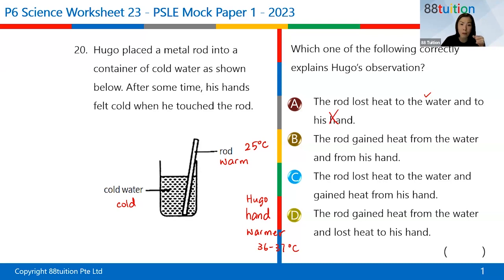Those who got it wrong, write it down. Heat should be moving from his hand to the water or even to the rod. So the rod lost heat to the water, and gained heat from his hand. His hand actually lost heat to the rod. That's why this is the correct answer.